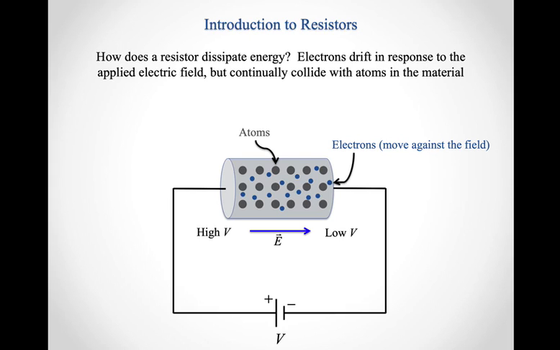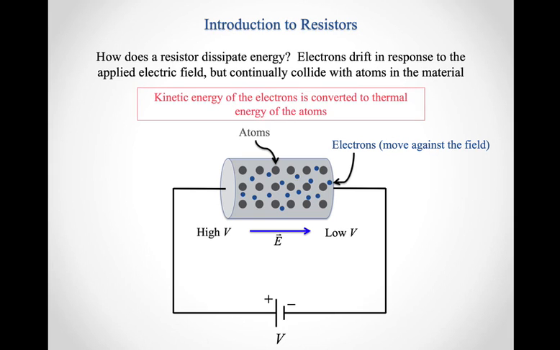So it's basically the fact that those free electrons, as they move, are constantly jostling into the atoms that make up whatever material is making up your resistor. So a resistor takes the electrical energy provided by the current and dissipates it away because the kinetic energy of the electrons becomes converted into the thermal energy of the atoms, and then that increase in thermal energy can be radiated away as heat.